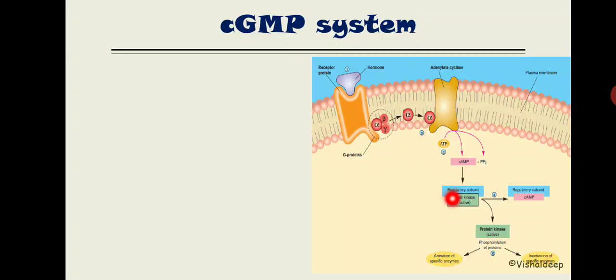It will activate the protein kinase, while here the protein kinase that is activated by the cyclic GMP system is known as protein kinase G, while in the cyclic AMP system that protein kinase is known as protein kinase A. Got it? A stands for AMP, G stands for GMP. Got it? Now how will you write it down in the exam?